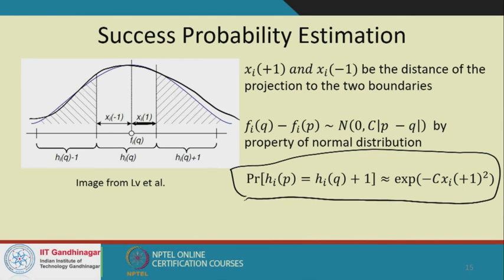The C depends on the radius too, that is, on the distance P minus Q. So now we can assign success probabilities to the perturbations plus 1 and minus 1 for this particular index h_i(Q).